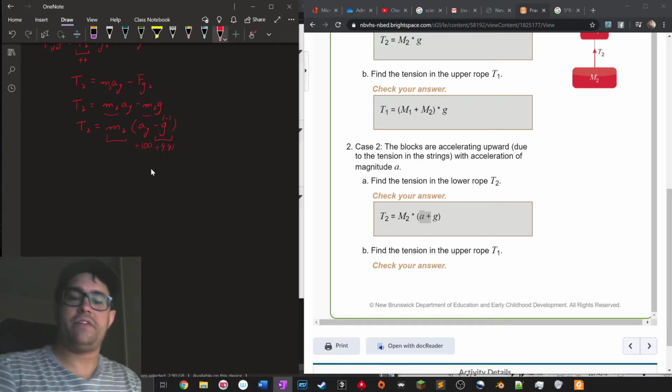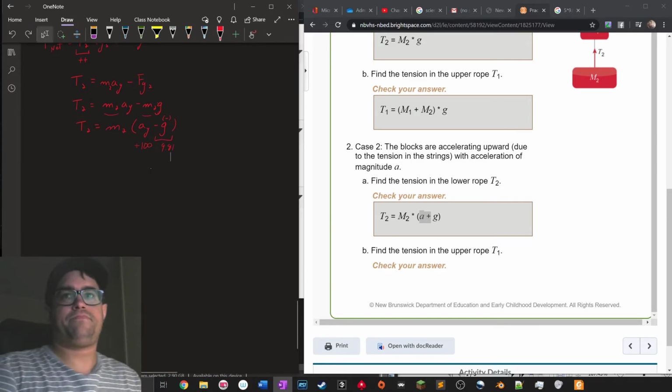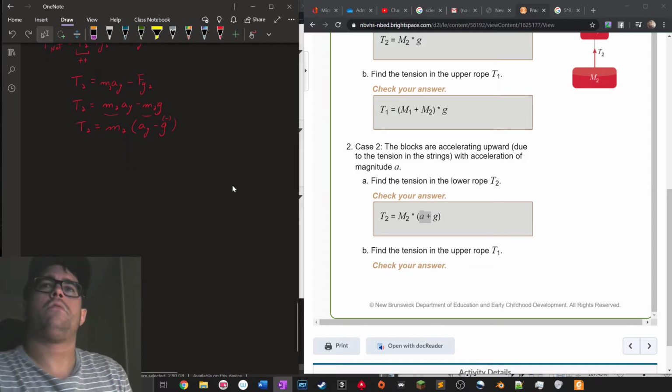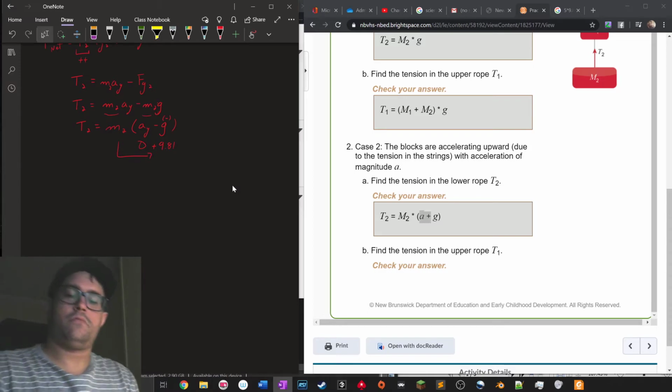So this means that if you have a positive number here, okay, hold up, we can simplify this. Minus 9.8 is 9.8. So nothing's going to change. So if this is 0, then you have M2 times 9.8, which is the tension, which is a positive number because it's up. Sweet.